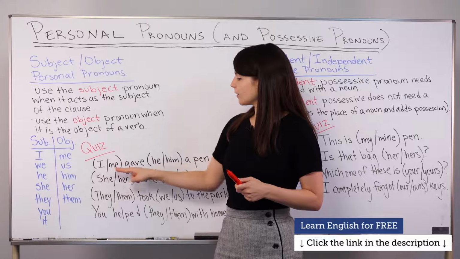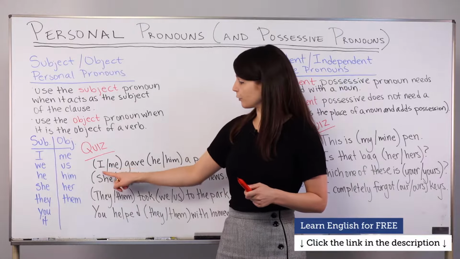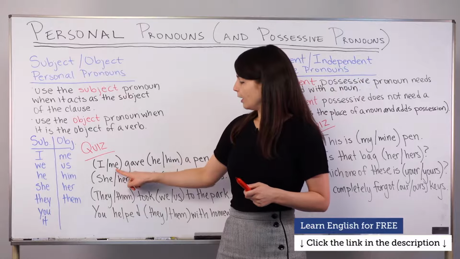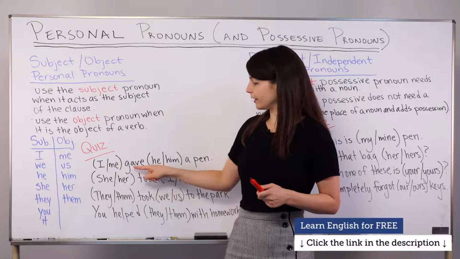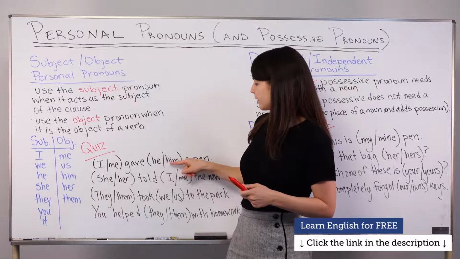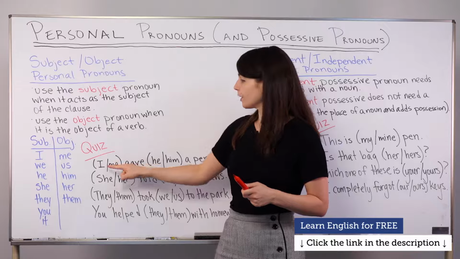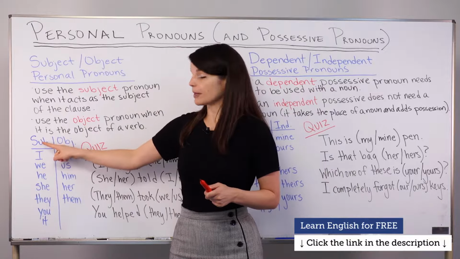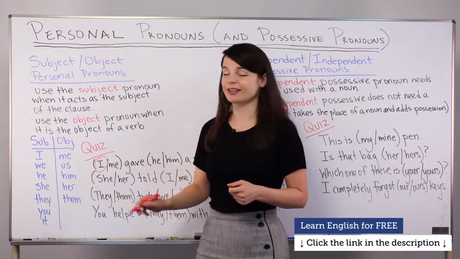That means the subject of the sentence is here. I have these two pronouns to choose from, I or me. I know that this is in the subject position because there's something happening. There's a verb here, and there's something receiving the action later in the sentence. So if I look here, I find my subject pronoun, I. I know that I is the correct answer here.